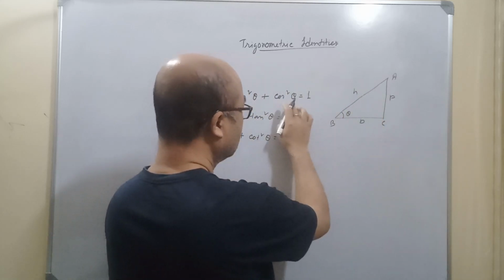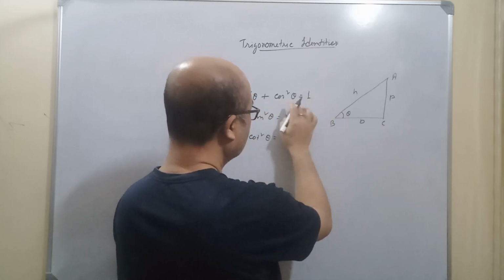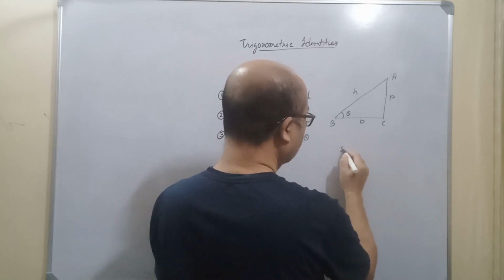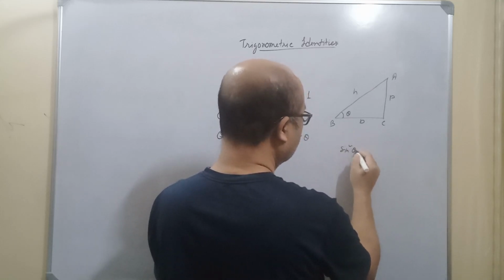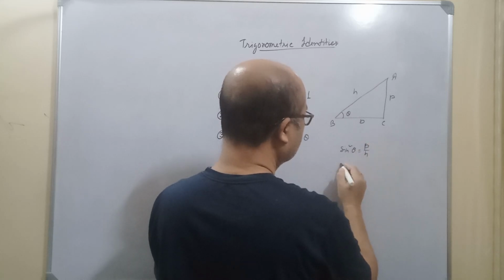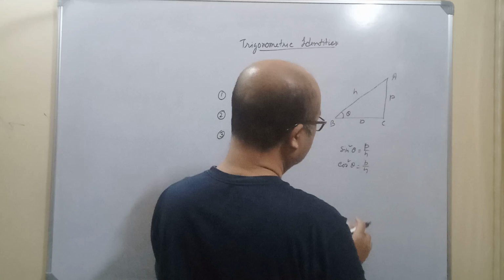So sin²θ plus cos²θ, we have to prove this one. Sin² plus cos² is equal to 1. What is sin²? It is p by h, and cos² is b by h, right?